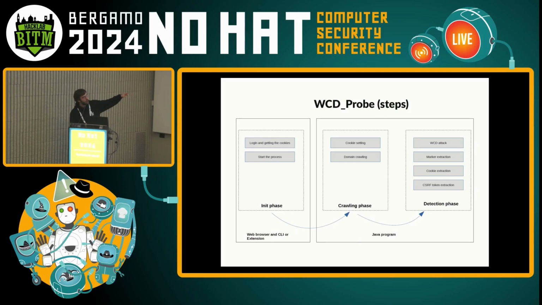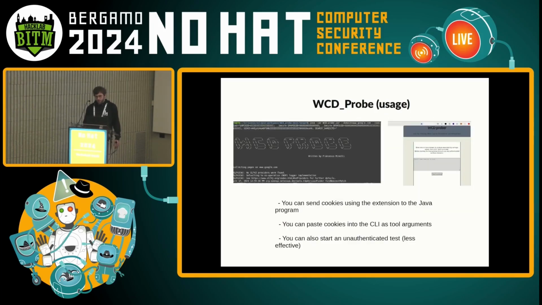Also, it checks if there is a cookie in the cached response, and it also checks if there is a CSRF token in the cached response. And then it prints the output in the console. So here is a little screenshot of the tool, the extension. As you can see, you can use it in various ways.